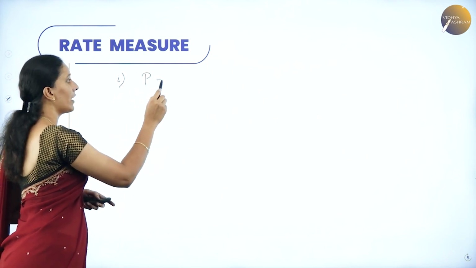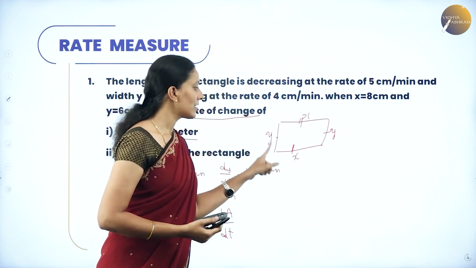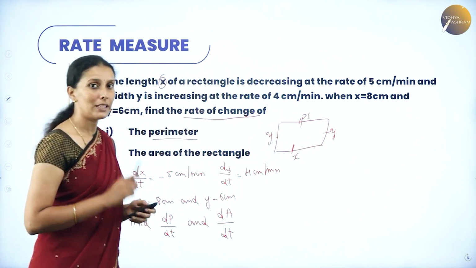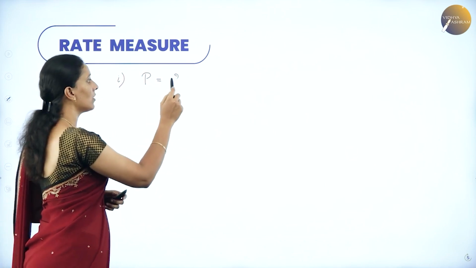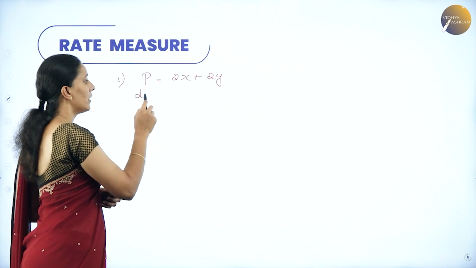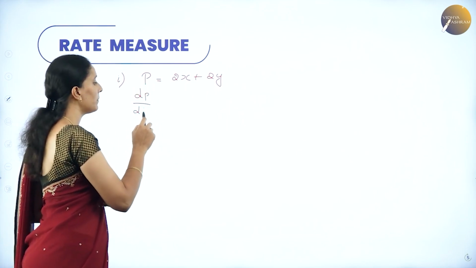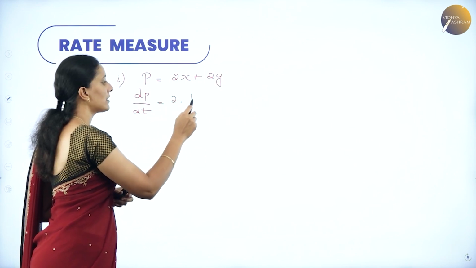First we will calculate the perimeter. The perimeter of a rectangle is nothing but adding all the sides, so 2x plus 2y will be the perimeter. Let us differentiate it with respect to t. So dP by dt is 2 dx by dt plus 2 dy by dt, since 2 is constant.